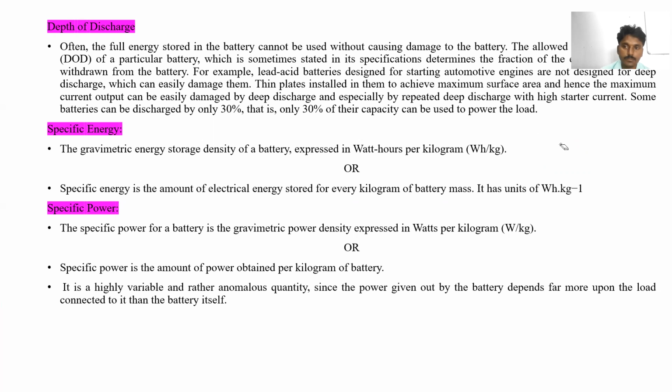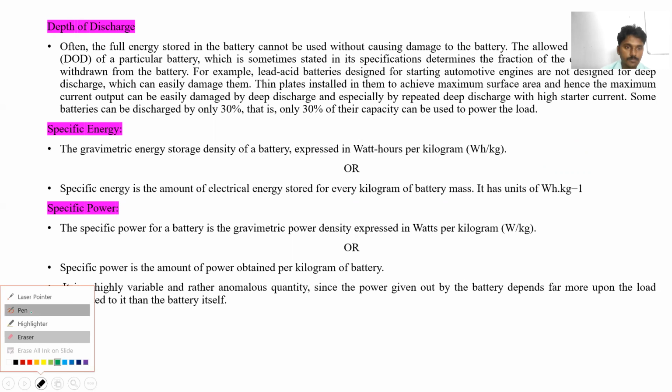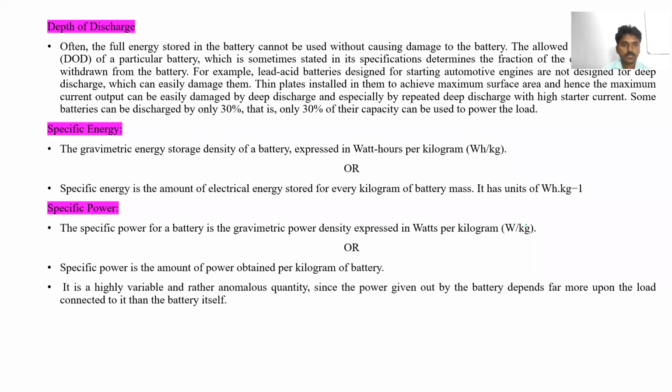Specific energy. What is meant by specific energy? Specific energy is the amount of electrical energy stored for every kilogram of battery mass. Whatever energy is stored for a kilogram of mass, that energy can be called specific energy.